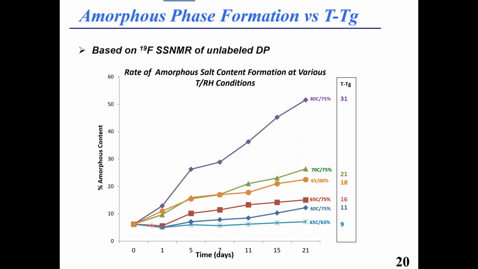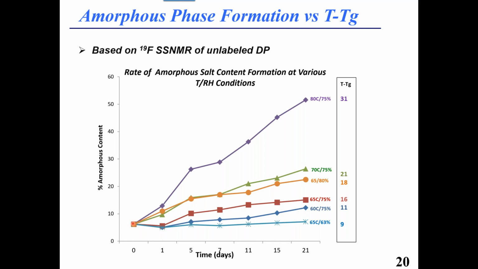And I'm not showing it here, but of course we stressed below the Tg of the polymer and we didn't see any amorphization. And again, we don't start from zero because it's the same thing, we create some amorphous form in the authentic tablet by just compression of the tablet. So that explained that the crystalline salt is dissolving into our polymer.